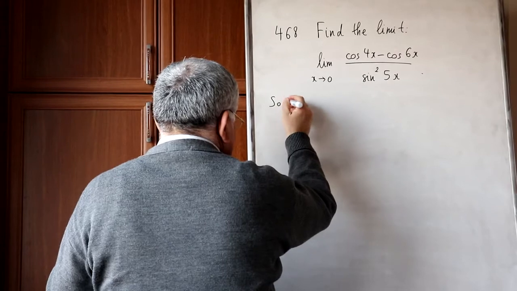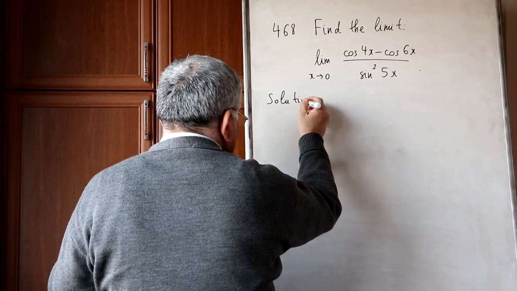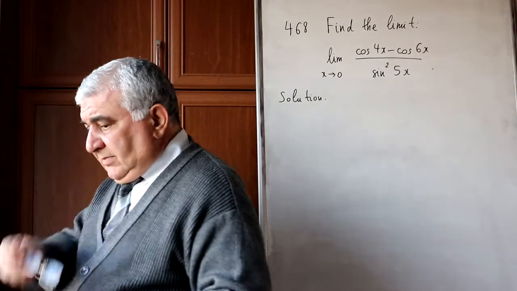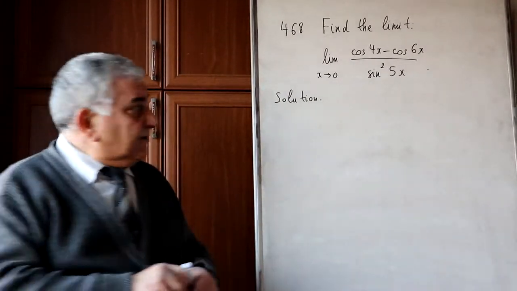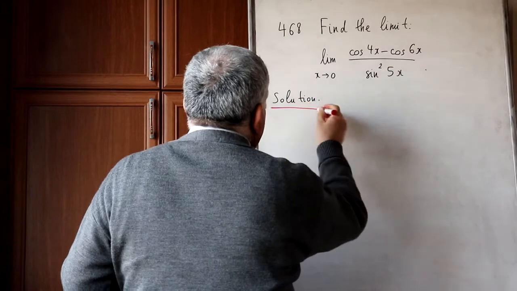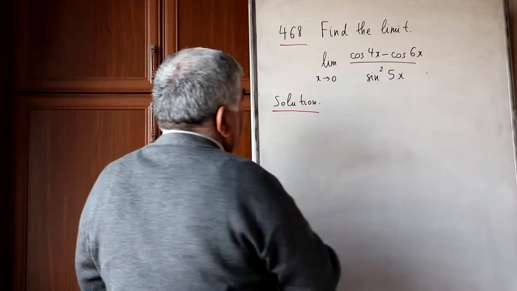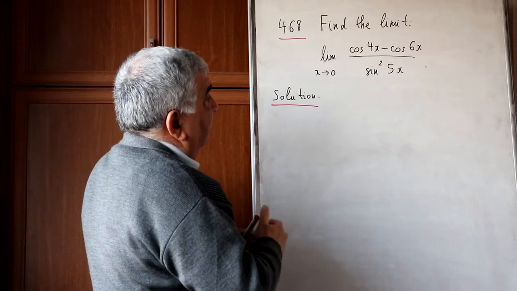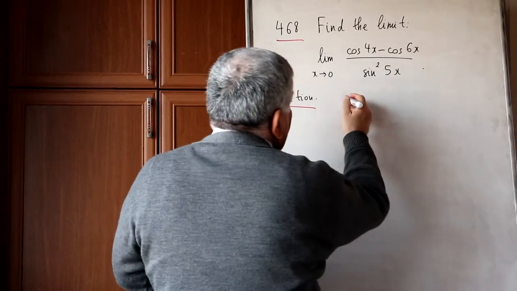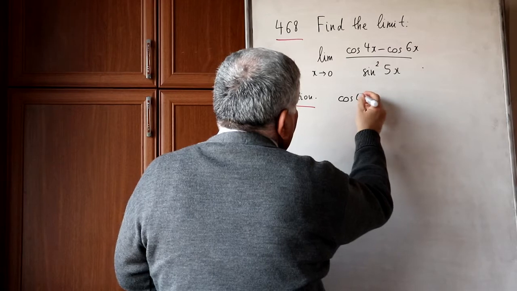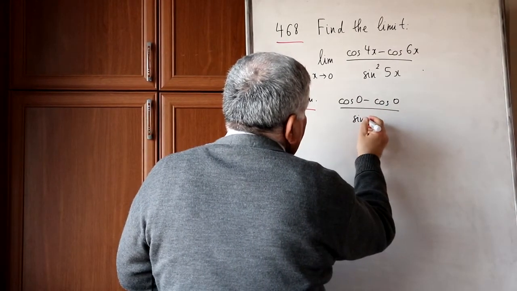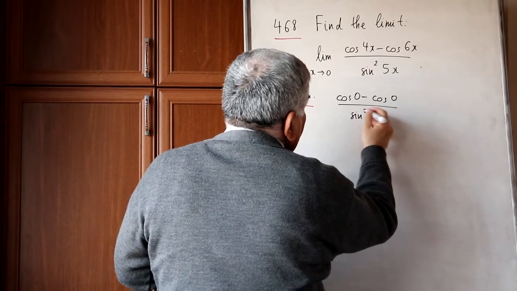Solution. We can solve this example by three methods. First, substitute 0 instead of x. Cosine of 0 minus cosine of 0 divided by sine squared of 0.